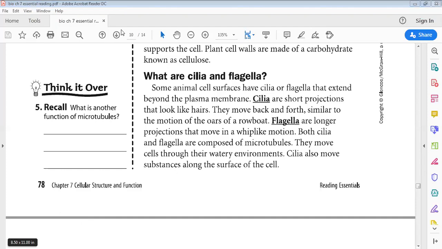They also feed the cell. Yes, it uses it to feed itself. The answer is A.